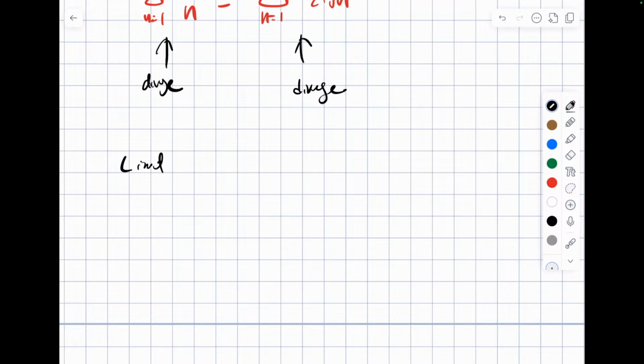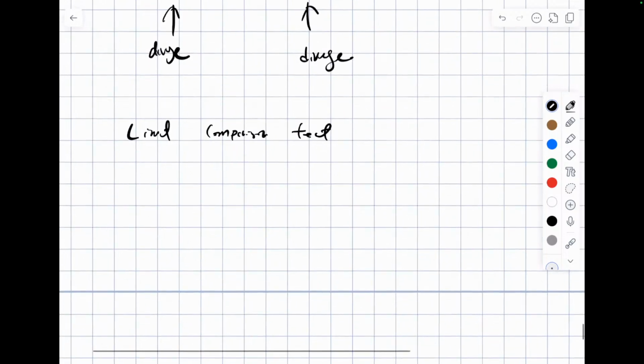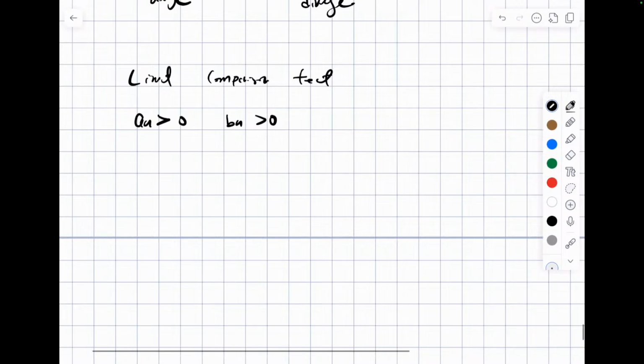Okay, so we're going to the limit comparison test. We're going to do one more test today. So what is the limit comparison test? If a_n is greater than 0 and b_n is greater than 0, you just do the limits.